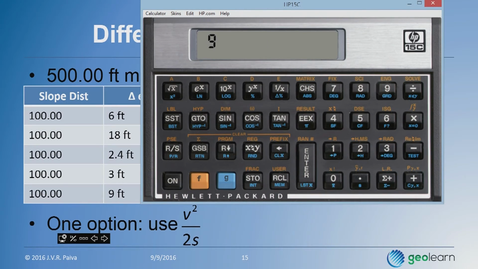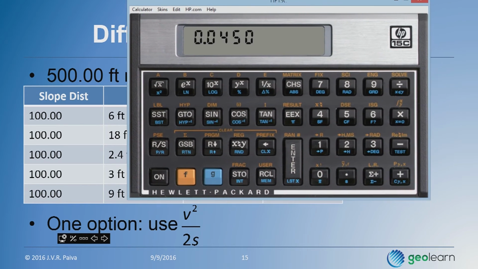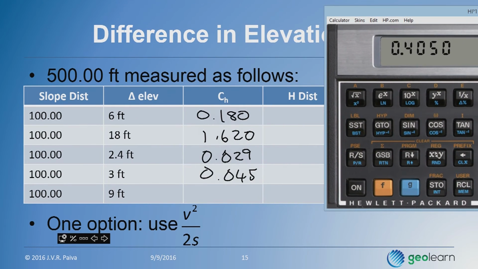You probably can do that in your head. 0.045. And then finally, 9 squared, or 81 over 200, or 0.405.